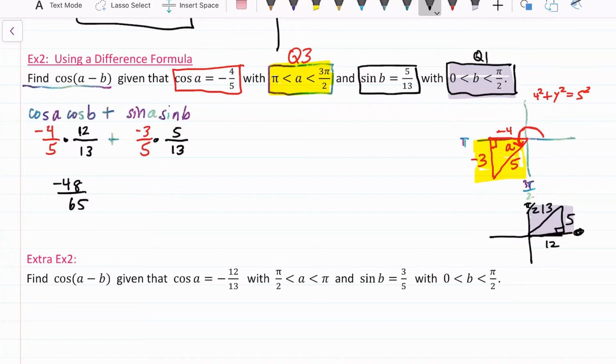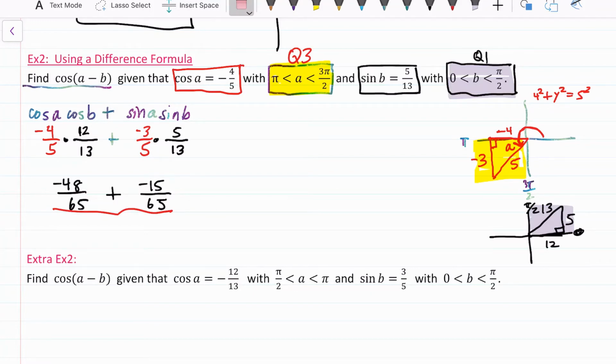Do not reduce that. Even if it reduces, you don't want to reduce because right now both fractions have the same denominator, 65. Even if that was another number that would reduce at the top and bottom, you don't want to reduce until after you're done. So when you add these together, you will get your final answer.